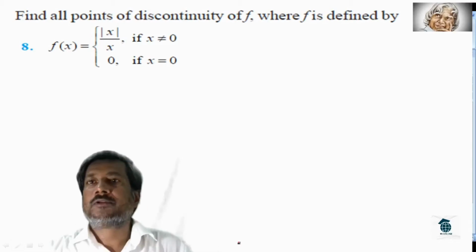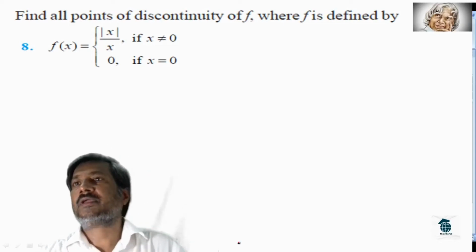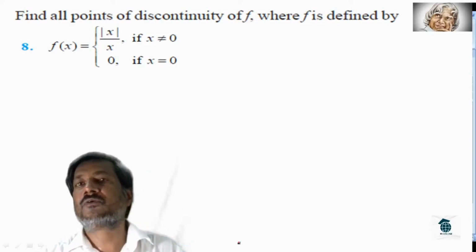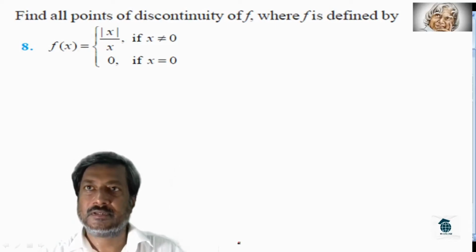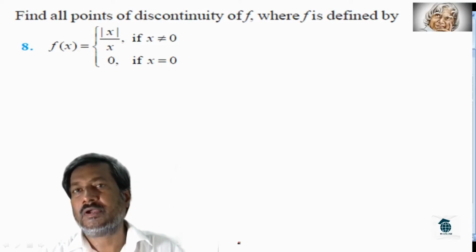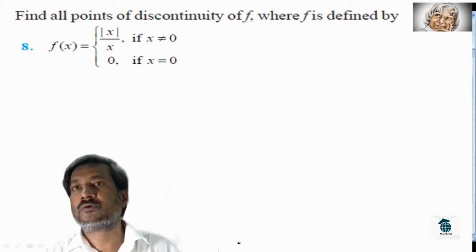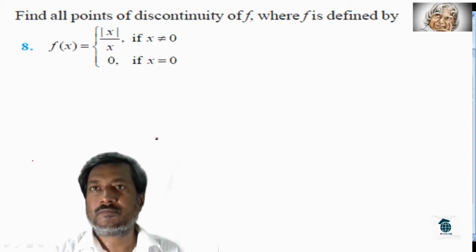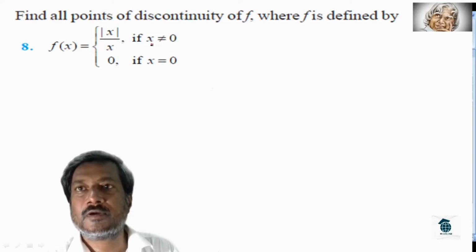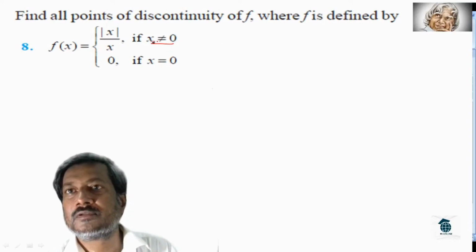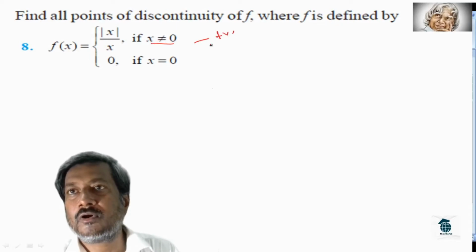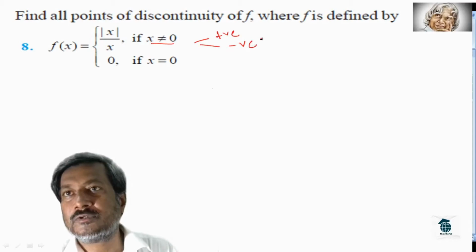Find all points of discontinuity of f where f is defined by f(x) equal to modulus of x upon x if x is not equal to 0, and equal to 0 if x equal to 0. For x not equal to 0, you have to consider positive or negative, that is greater than 0 or less than 0, so 0 plus or 0 minus.